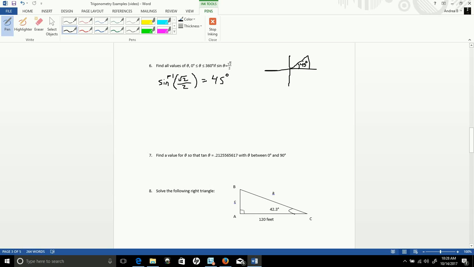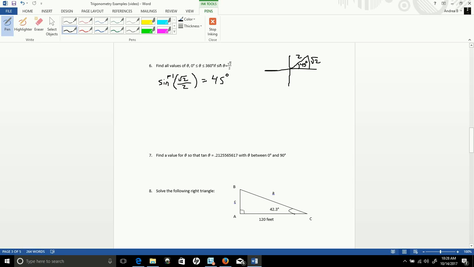And if we're thinking of it visually here, if we have sine is the square root of 2 over 2, remember sine is the opposite side, which would be this side, over the hypotenuse, which remember is that longest side, or that side that goes to the origin of the graph there. So in terms of a graph, it would look something like that.